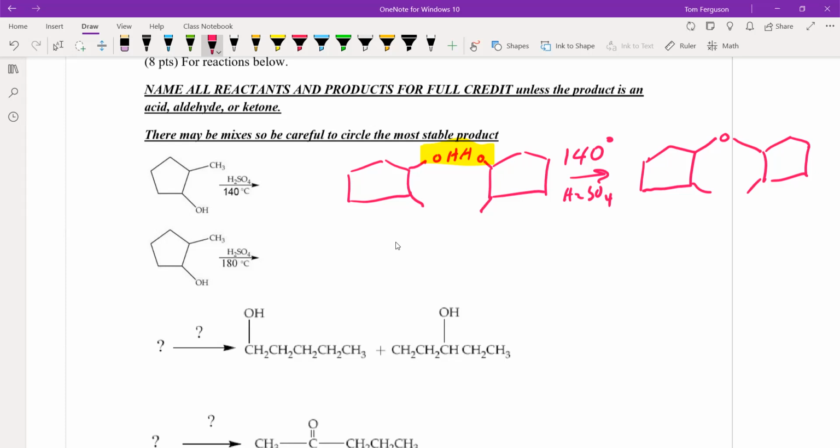Okay, if we change the conditions to 180, then what happens is we're going to pull off a water. So we need to find the water molecule on that first. Okay, so we have the OH parts there. Now we need an adjacent carbon with a hydrogen on it. There's one here and there's one here.